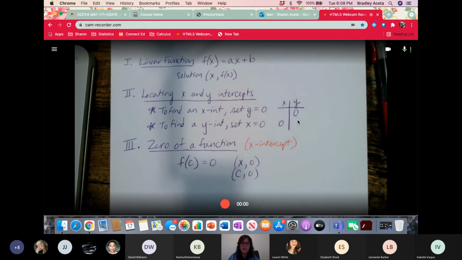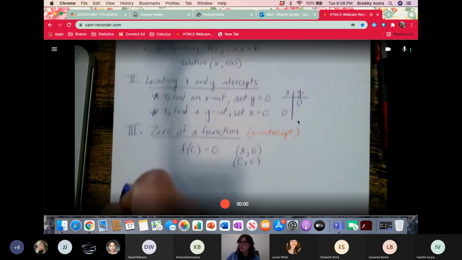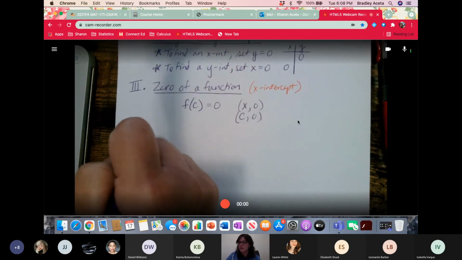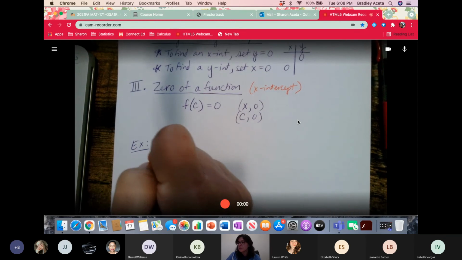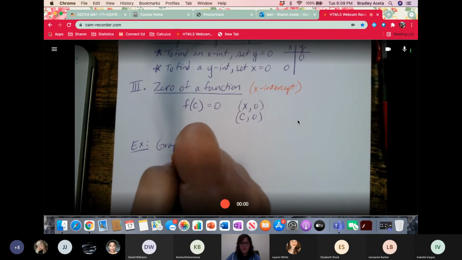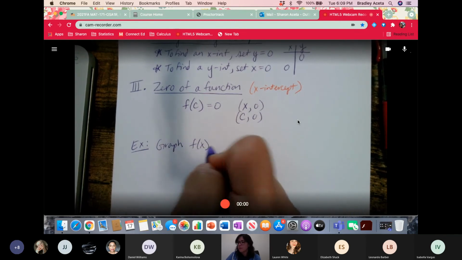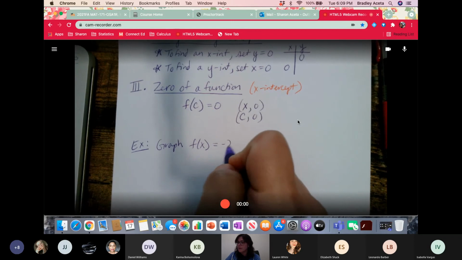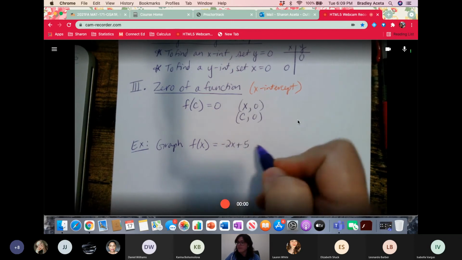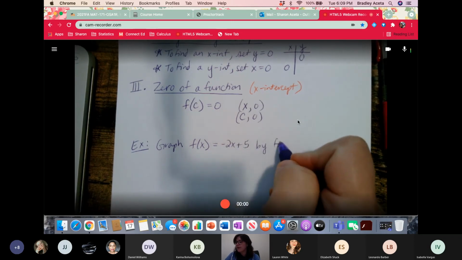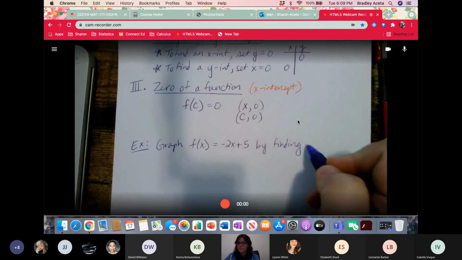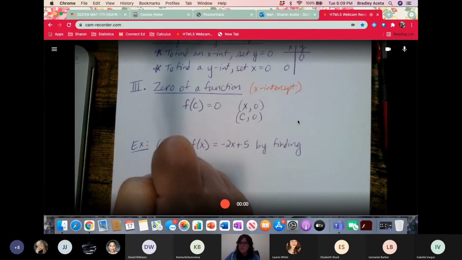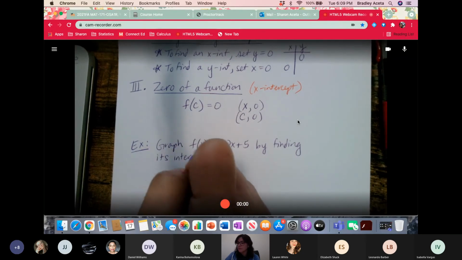All right, so with this, let's do an example of something that you'll see on homework number 2. So it's going to ask you to graph f of x equals negative 2x plus 5 by finding its intercepts.